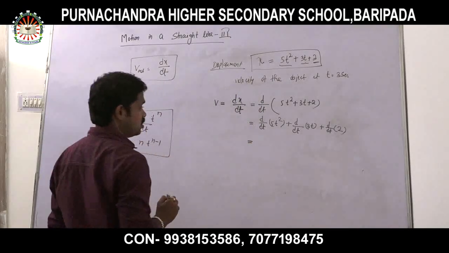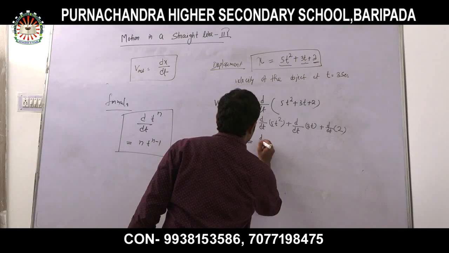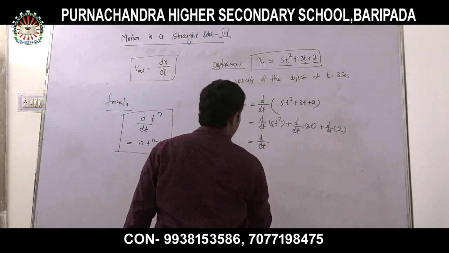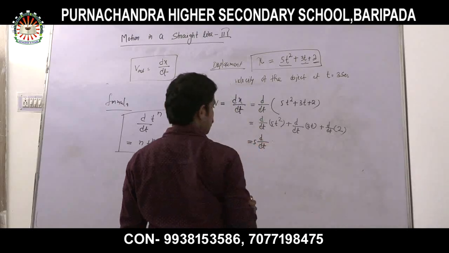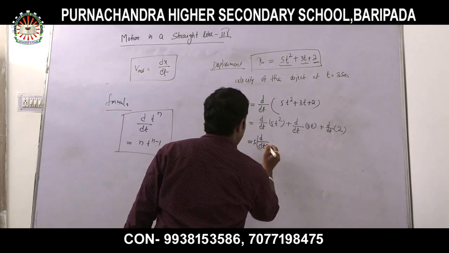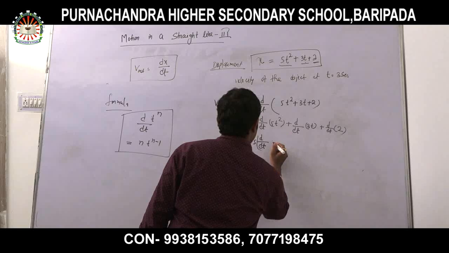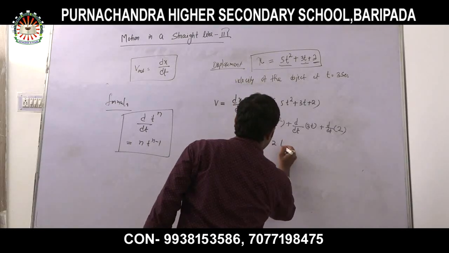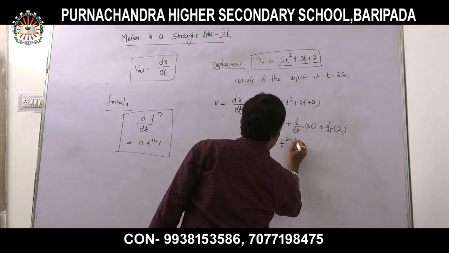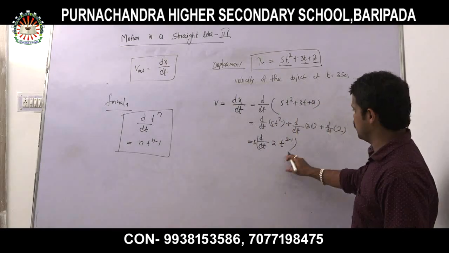So now let us put this formula here. So d by dt, the 5 is a constant, let us take it outside. So d by dt of t square gives 2 t to the power 2 minus 1. Look very carefully.